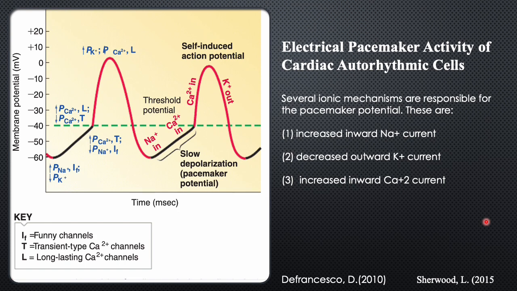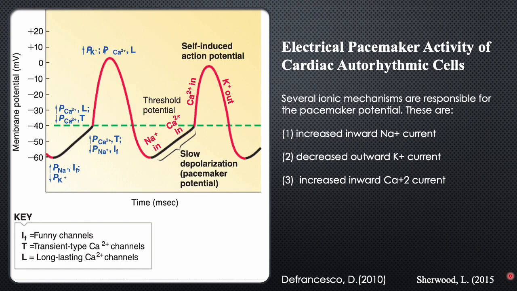channels. In cardiac autorhythmic cells, permeability to potassium does not remain constant between action potentials as it does in nerve and skeletal muscle cells. The potassium channels that open during the falling phase of the preceding action potential slowly close at the negative potential.